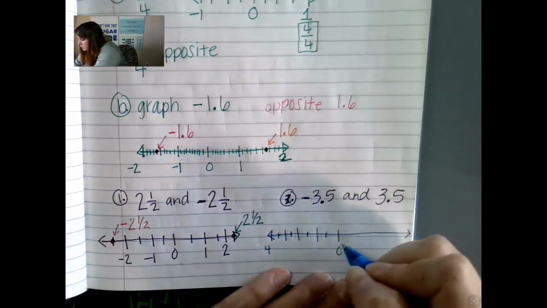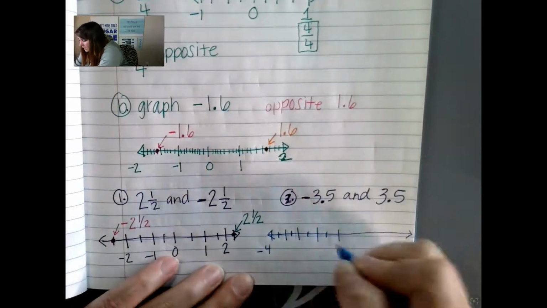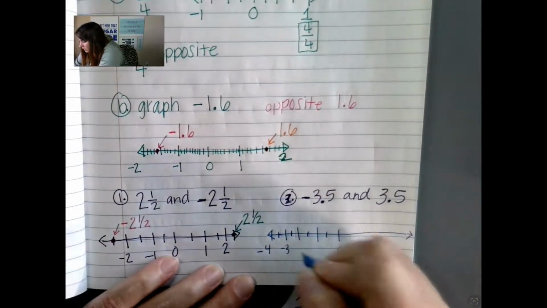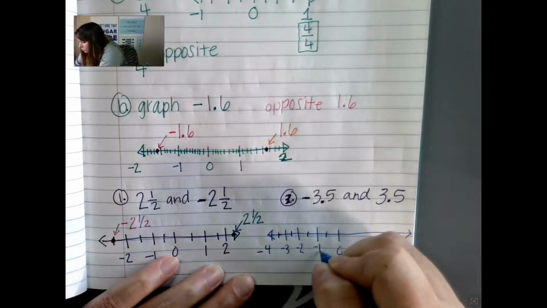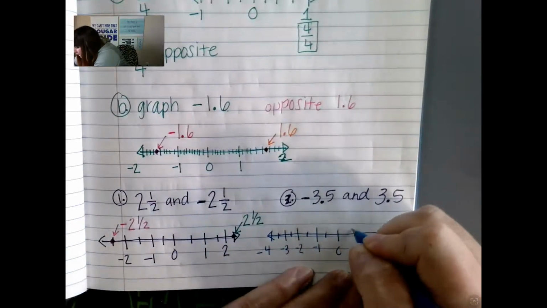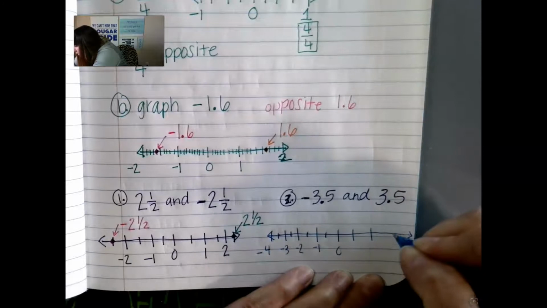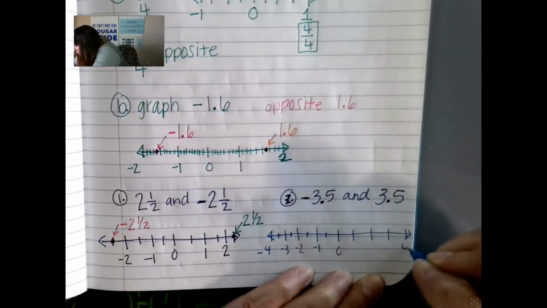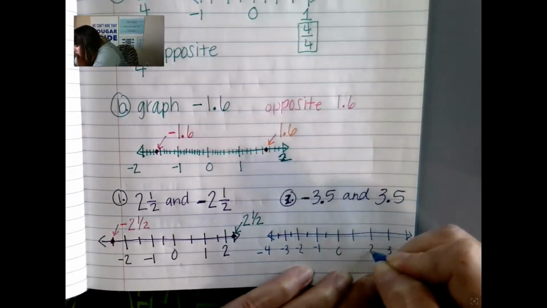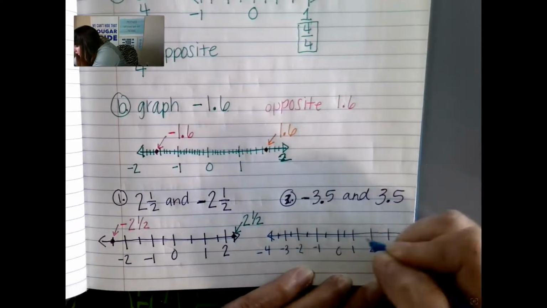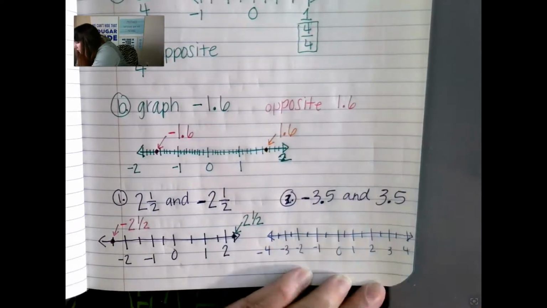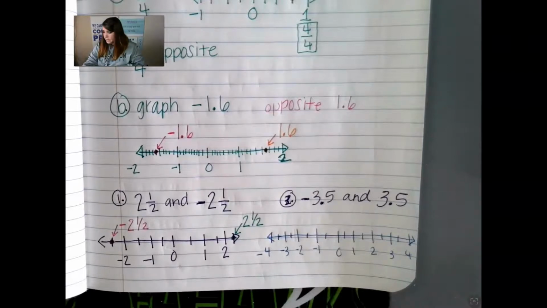All right, so to graph on this side, here's -3, -2, -1, and then on the other side, 1 whole, 2 wholes, 3, 4, and then I need the little lines in between. All right, let's check it out.